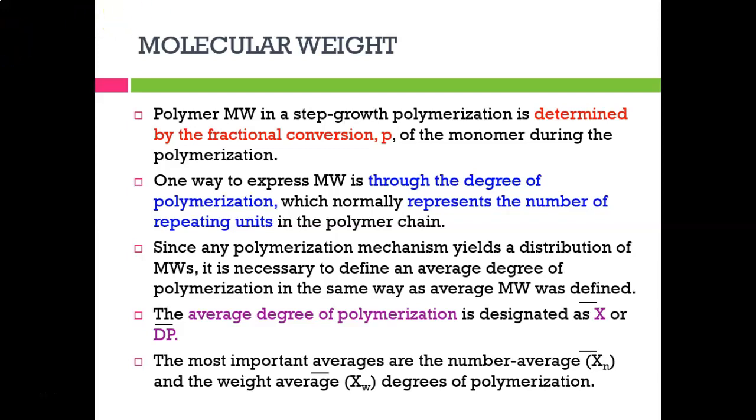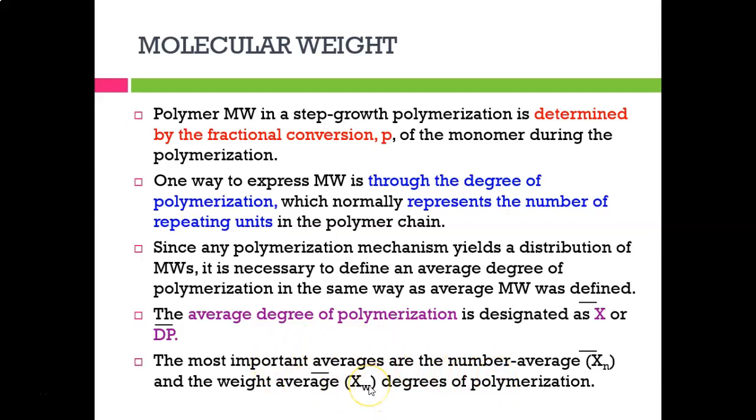So you need to know some terms in molecular weight. For example, Xn is the number average degree of polymerization. Okay, ataupun nama lain dia adalah degree of polymerization kan. Kalau X average degree of polymerization. Kalau Xn dia ada straight line kat atas ni, kita panggil dia number average degree of polymerization.